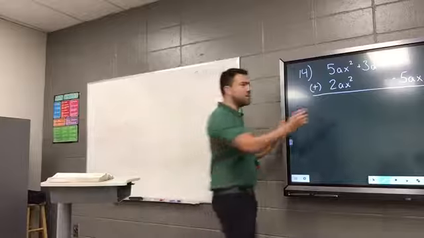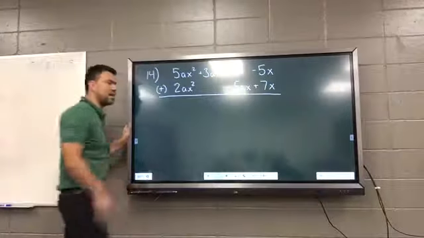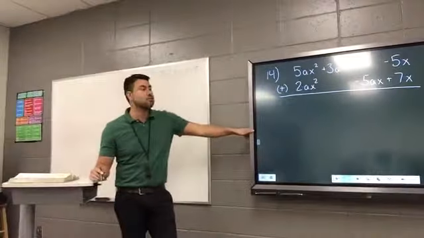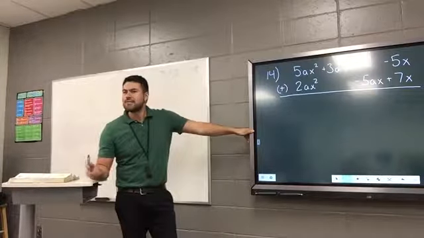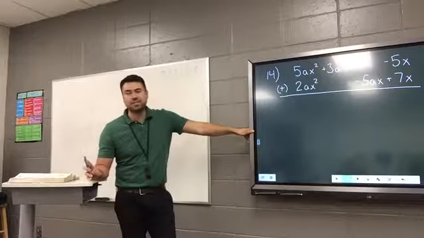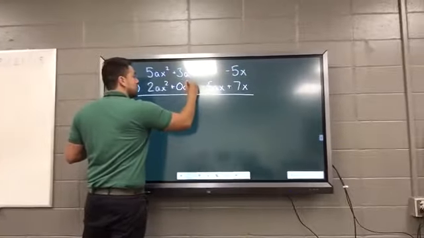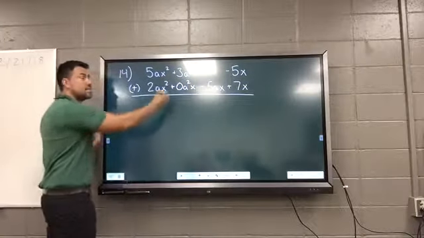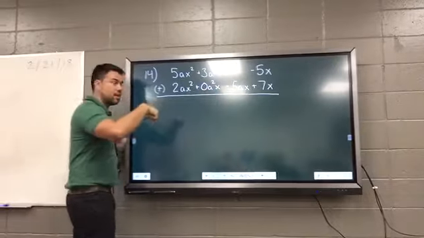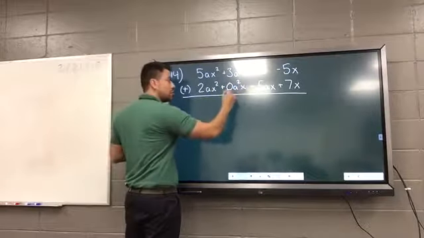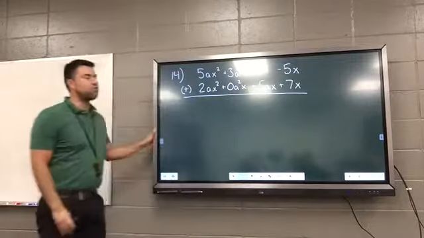You can't just put 5 here because that changes the value. But there is something I can put without changing the value. Not just 0. There you go. Plus 0a squared x. This is something you don't have to do in this lesson, but in division of polynomials, if you know that goes there, that's good for you.